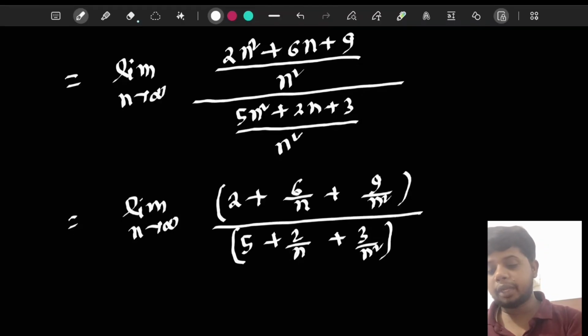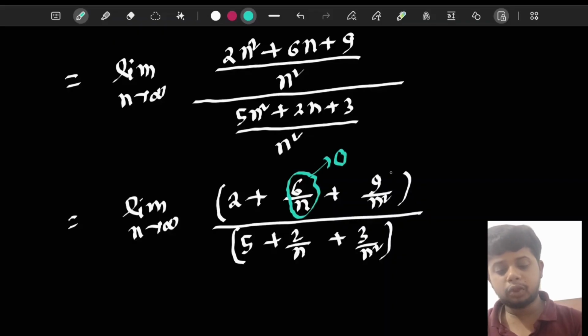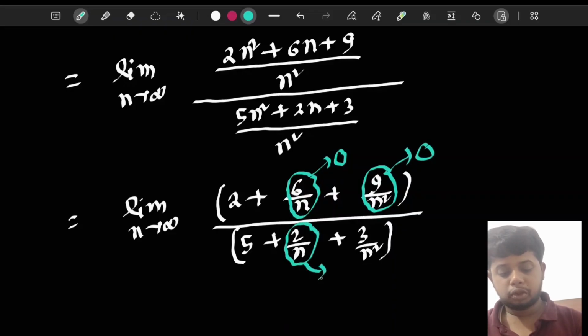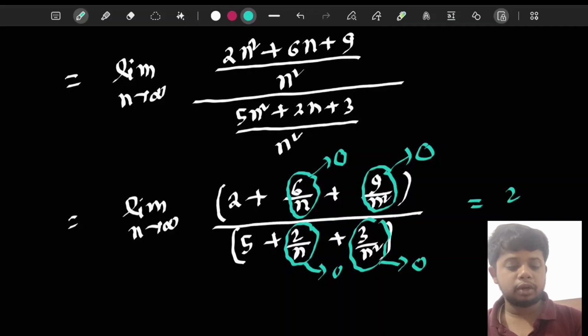If n tends to infinity, 1 by infinity becomes 0. So 6 by n, 9 by n square, 2 by n, and 3 by n square all approach 0. So the answer will be 2 by 5.